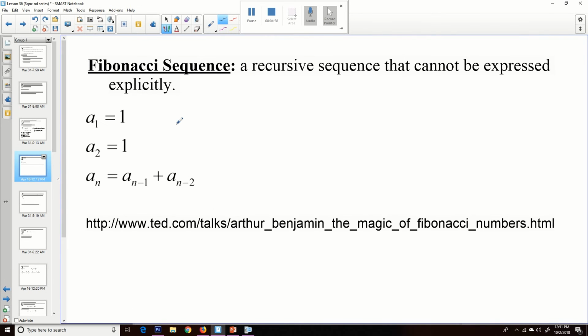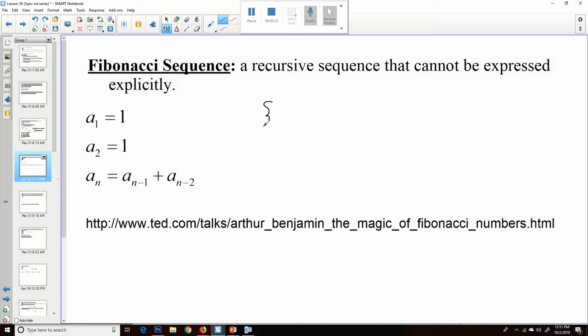But it's fairly simple. If I look at the recursive definition, they give us actually the first two terms. They say a sub 1, a sub 2 are both 1, and then the next term is the sum of the previous two terms.